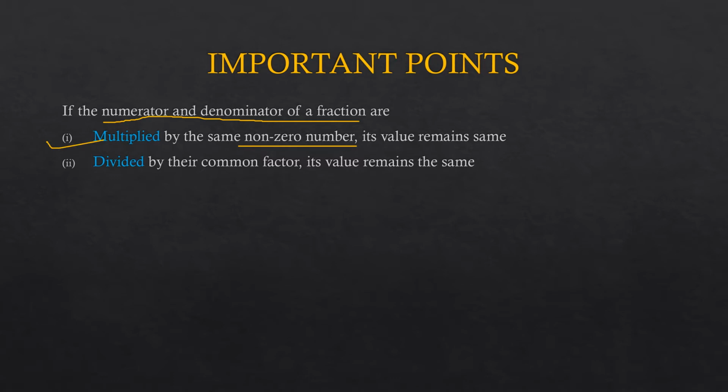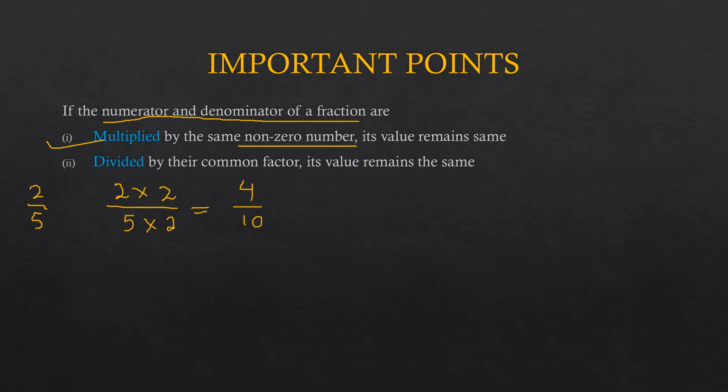Let us understand this first point by an example. Suppose we are having 2 by 5 as a fraction. Here numerator is 2 and denominator is 5. According to the point, if we multiply by any non-zero number, it can be any number, let's say 2, then 2 into 2 gives us 4, 5 into 2 gives us 10.